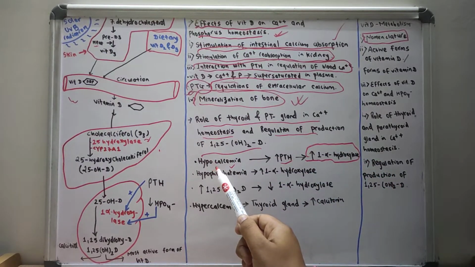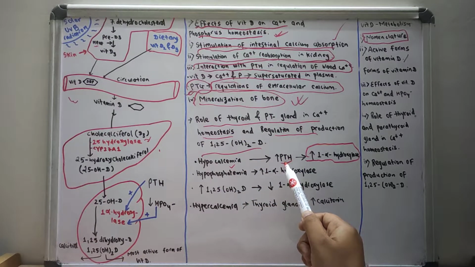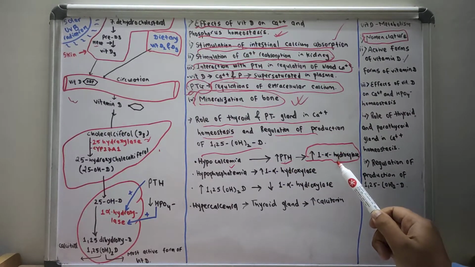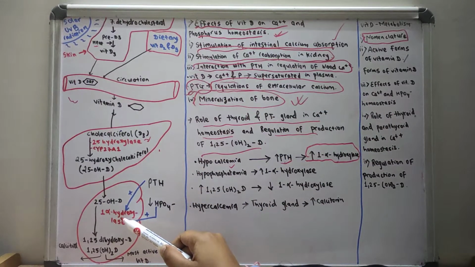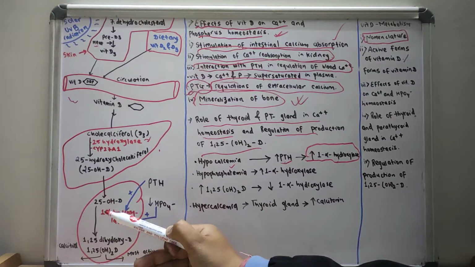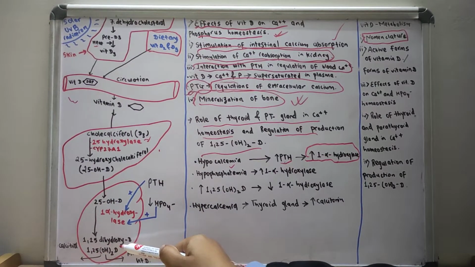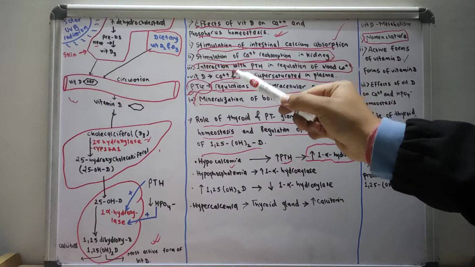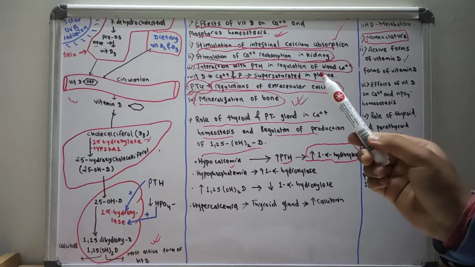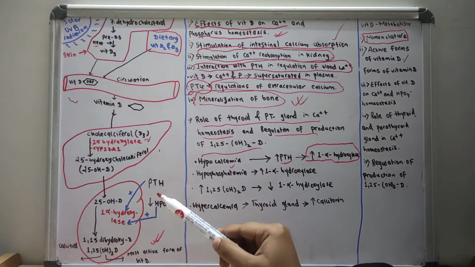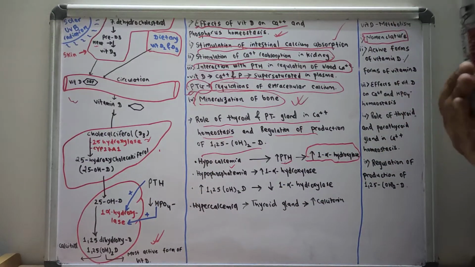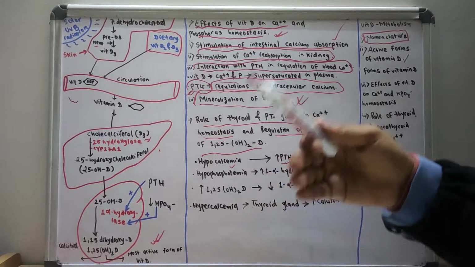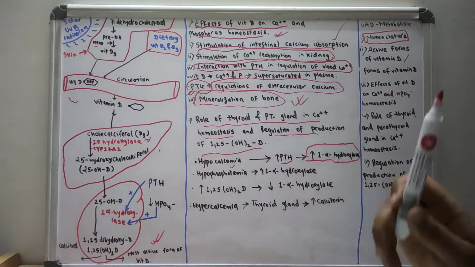If there is increased activity of 1-alpha hydroxylase, then there is more conversion of 25 hydroxy vitamin D to 1,25 dihydroxy vitamin D. So there will be more production of calcitriol, and as I have already told you, after forming more calcitriol, there will be more stimulation of intestinal calcium absorption, more stimulation of calcium reabsorption in the kidney, and the level of calcium in the body will increase.